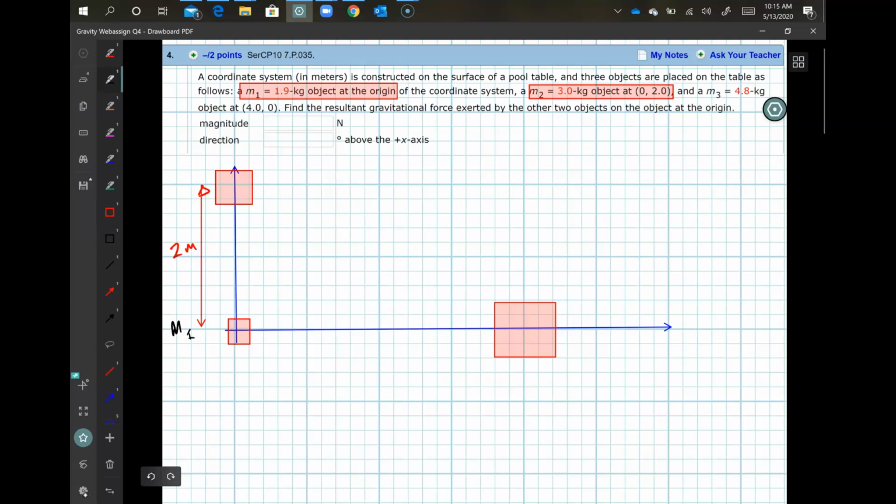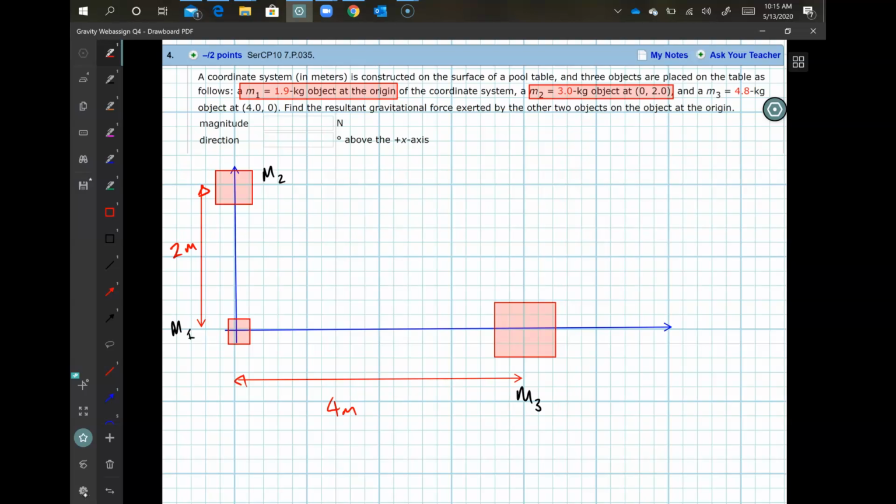I forgot to label M2 over here. And this one will be M3. Distance-wise, well, this distance here clearly has to be 4 meters. So that's the positioning. We do not know the diagonal gap between M2 and M3. We could find it if we should happen to need it.